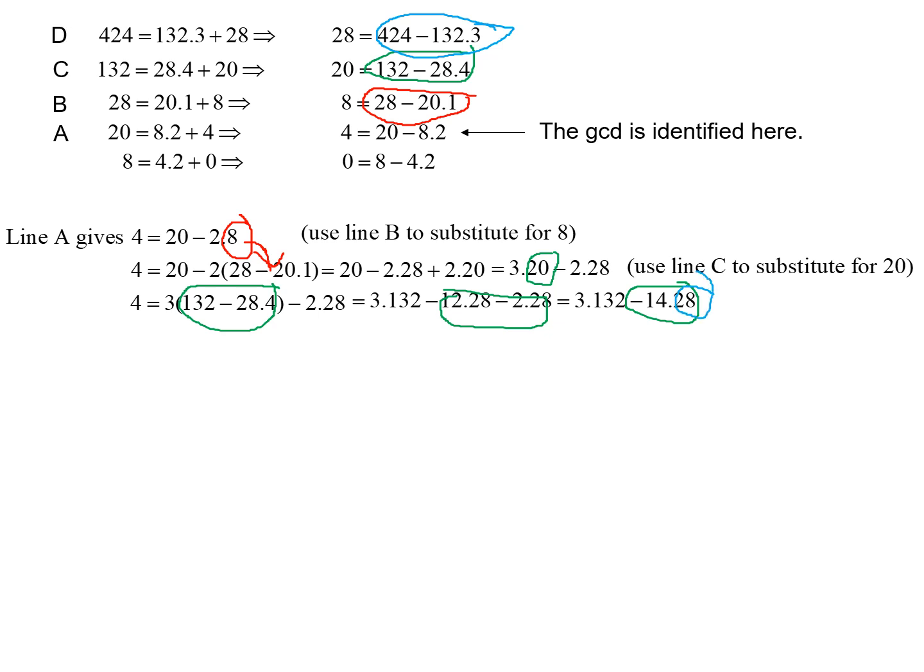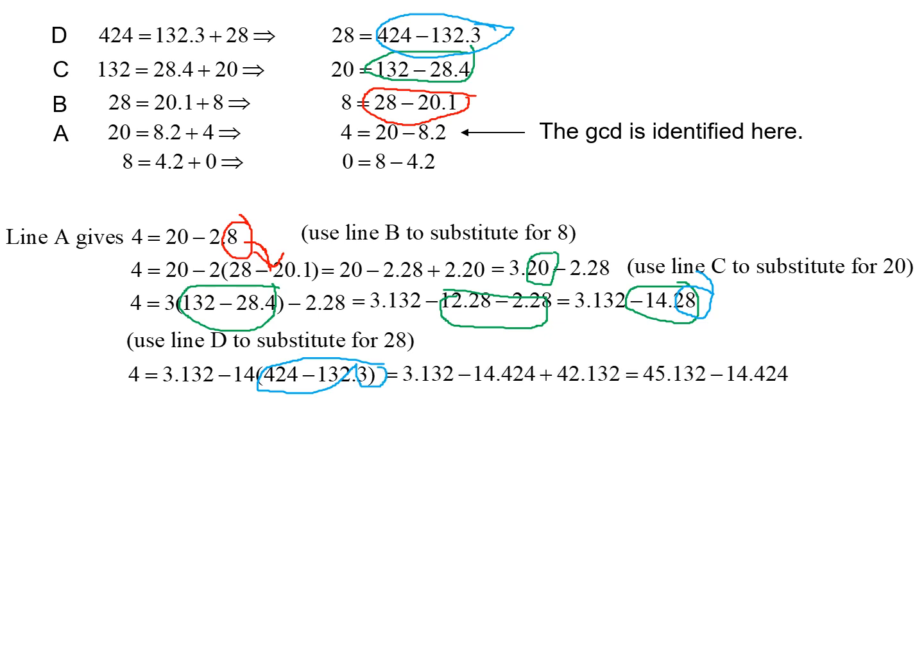This line D is to substitute for 28. So 28 goes here, 14 of 28. Then we expand it. So 3 times 132 minus 14 times 424 minus 132, and then this becomes 42 of 132.